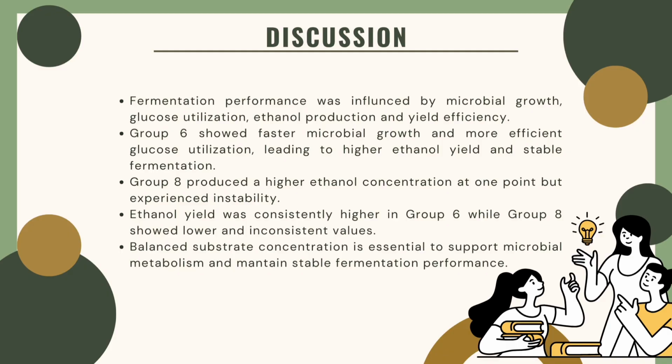Group 8 showed lower and inconsistent yield, suggesting that part of the excess glucose was diverted into alternative metabolic pathways instead of ethanol production. This confirmed that higher glucose concentration does not necessarily improve fermentation performance. Instead, balanced substrate concentration is essential to support microbial metabolism without causing inhibitory effects.